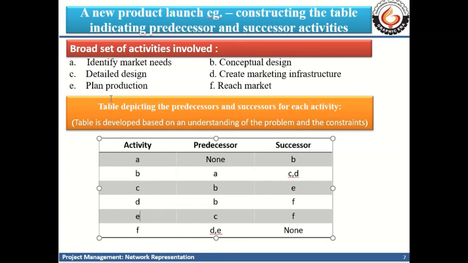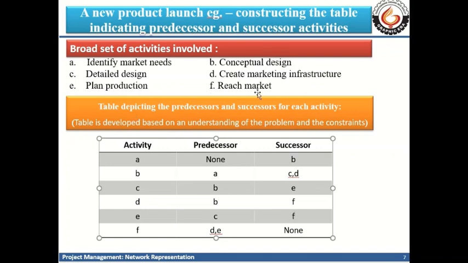Now for the activity of planning production, its predecessor similarly is the detailed design. After detailed design, we can go ahead with the planning of production. So C is listed out here as a predecessor. And after that, for planning of production, we are reaching out to the market, so F becomes its successor activity.